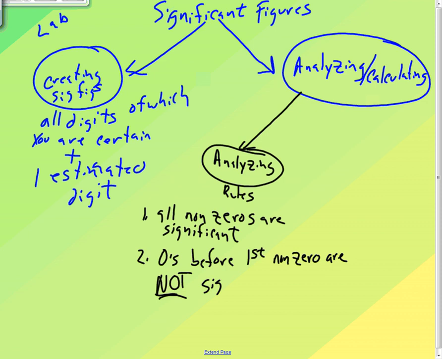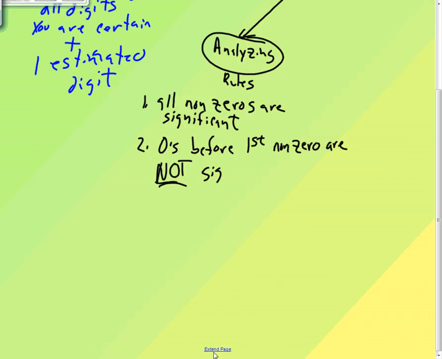Rule number 3: zeros between non-zeros are significant.